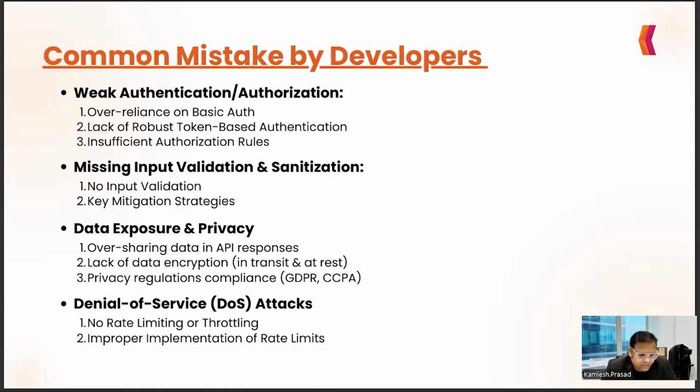But the API may be implemented without any rate limiting. You can call this API as many times as you want, and if it falls into a hacker's hands, they can do brute force and break into your application. So rate limiting is very important, not just for limiting DoS attacks, but also for avoiding these kinds of attacks as well.